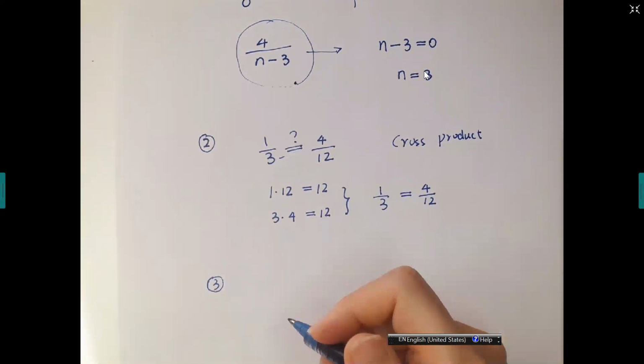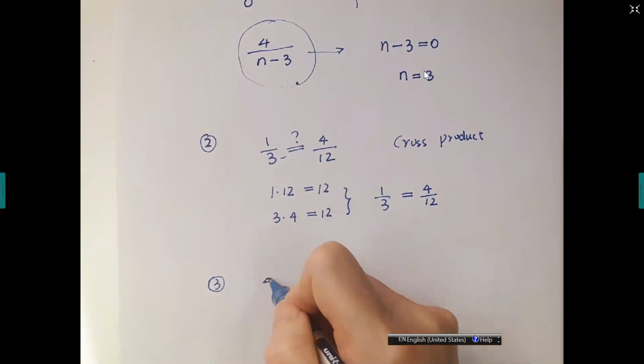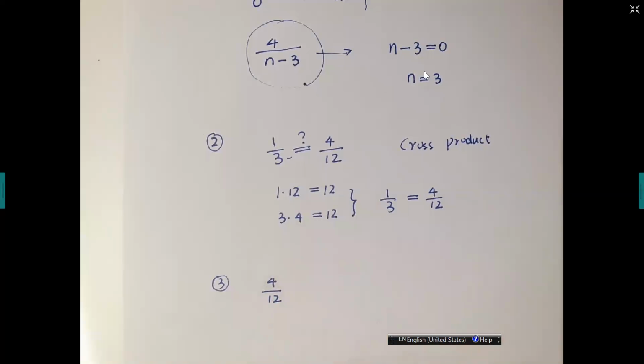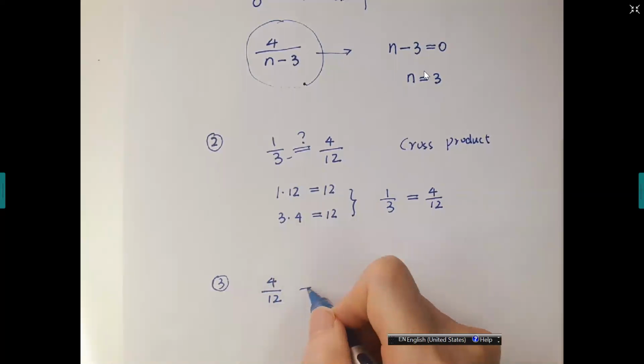We can never leave, for example, 4 over 12 as the final answer. This is a fraction number, but we cannot leave it there. We have to simplify this. How do we simplify the fraction number? And we know both the numerator and denominator are multiples of 4.